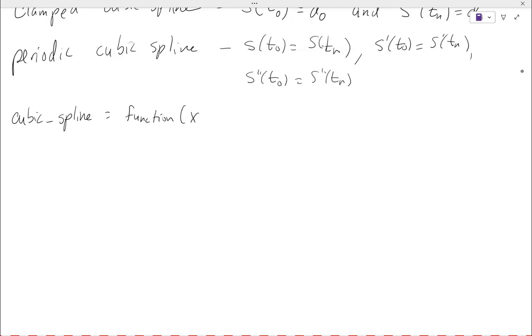Bring in some x's. Bring in some y's. Whatever variable names you want to give it, I don't care. But probably as an input, you want a list of x's and a list of y's, right? Because you need to manipulate the x's and the y's. Agree with that? Okay.